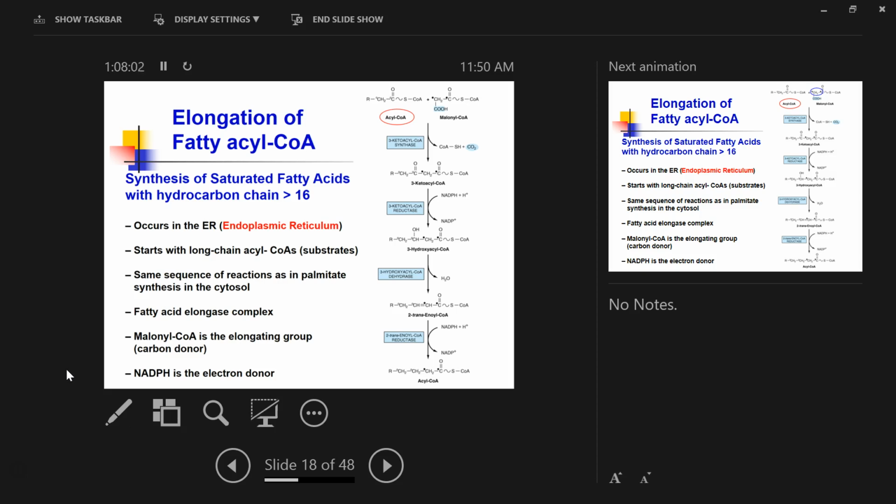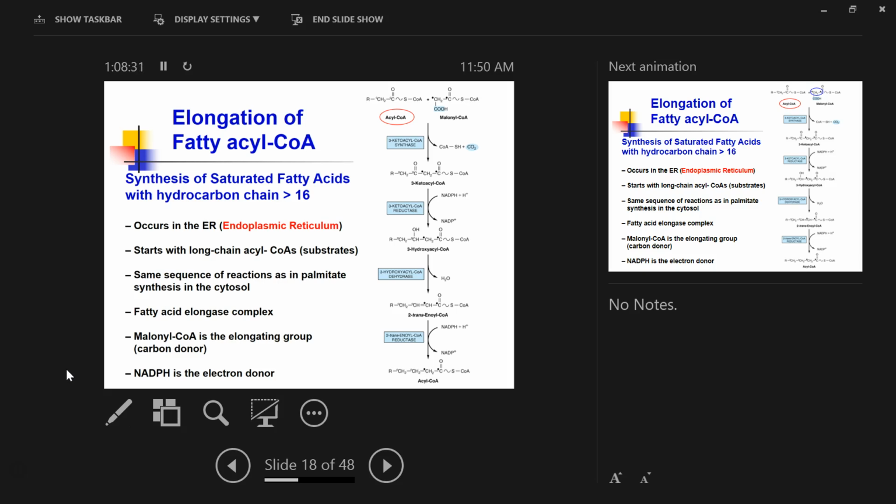the process occurs in the ER, right? It's in the cytosol, but close to the ER, and starts with the long chain acyl-CoA instead of acetyl-CoA. So in the elongation process, you start with the long chain acyl-CoA as a substrate, and the reaction goes similarly.